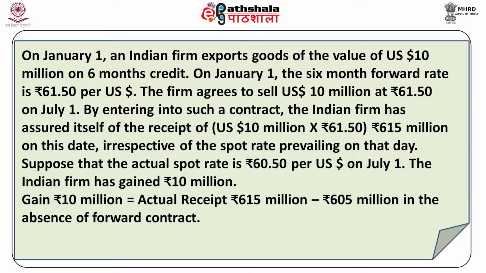By entering into such a contract, the Indian firm has assured itself of the receipt of $10 million multiplied by rupees 61.50, that is 615 million rupees on this date.